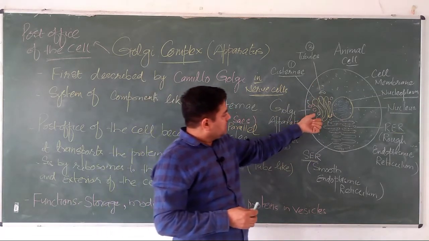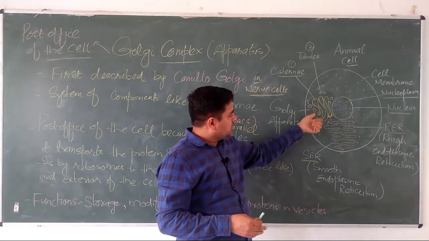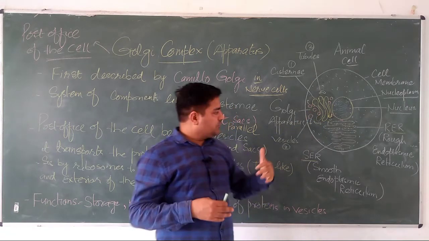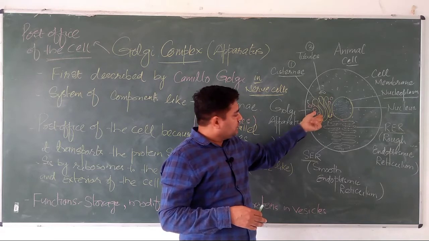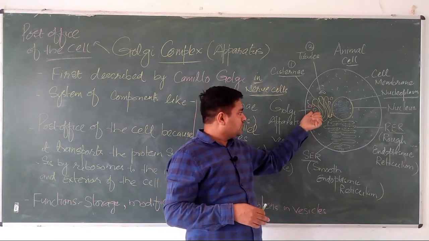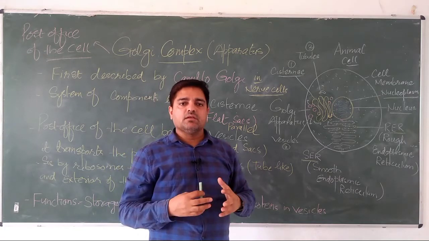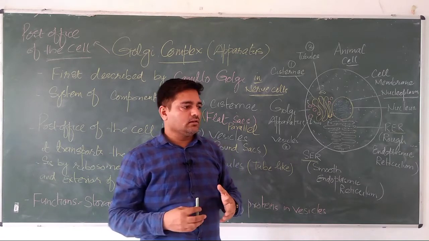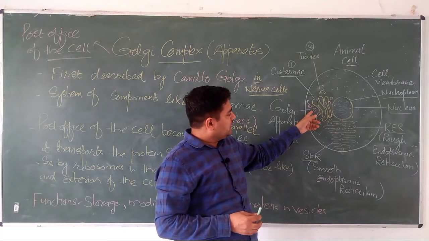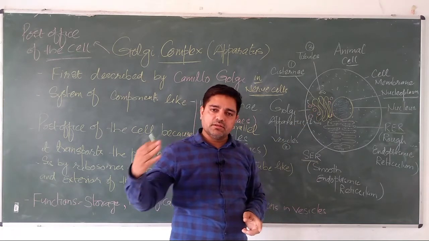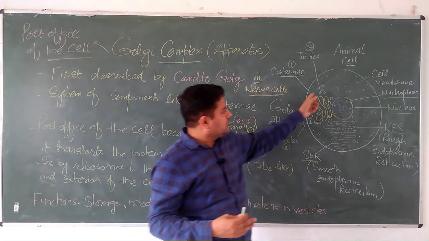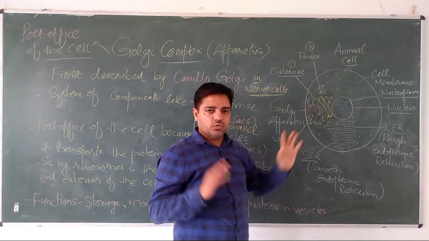Okay, and how will they distribute? They will make mature vesicles at the maturing phase, and there will be so many mature vesicles that will be sent to the different components of the cell for their protein requirement.